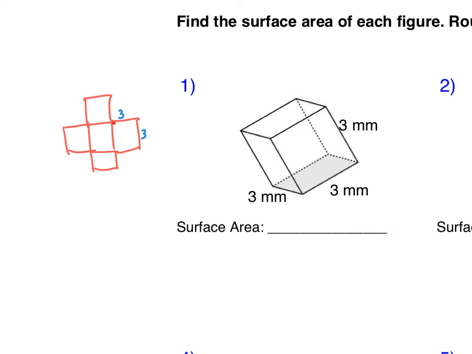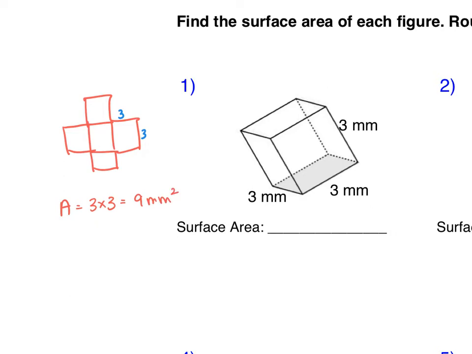So if I look at this face here, it would be 3 millimeters by 3 millimeters. And remember, the area of a square is just length times width, or length squared, because they're the same. So my area of one of these faces is going to be 3 times 3, which is 9 millimeters squared.